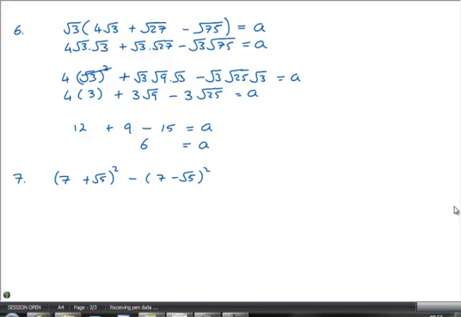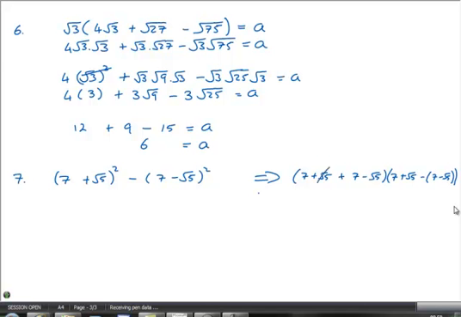So what I could do, I'm not going to do it out this way for you, but what you could easily say would be 7 plus the root of 5 plus 7 minus the root of 5. There's your first bracket, so first plus second, and then first minus second. So 7 plus the root of 5 minus 7 minus root 5. Don't forget it's getting a bit tight there, but you'll be alright.